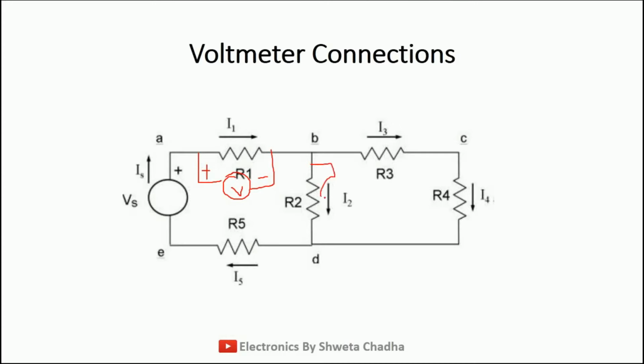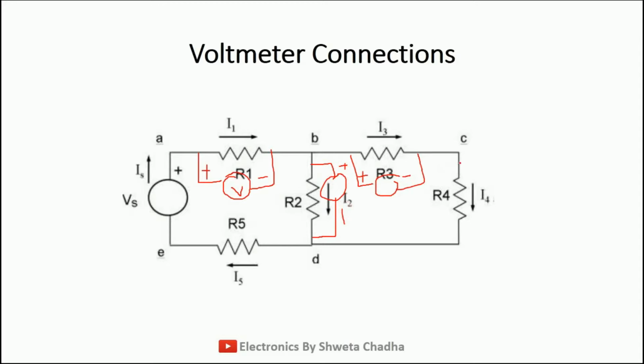Similarly, voltage V2 with the help of voltmeter connected in parallel with R2. Voltmeter connected in parallel with R3 will give us V3. So this is the positive and this is going to be the negative. Similarly over here, positive and negative.